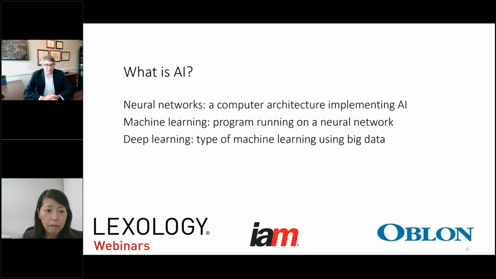This is the kind of the machine that artificial intelligence is running on. So machine learning, on the other hand, would be the program which is running on this neural network, which implements the artificial intelligence. Finally, deep learning, which is a very specific type of machine learning, which uses big data. And what you're going to see most likely for artificial intelligence in the medical area and in the pharma area is that deep learning will be involved.